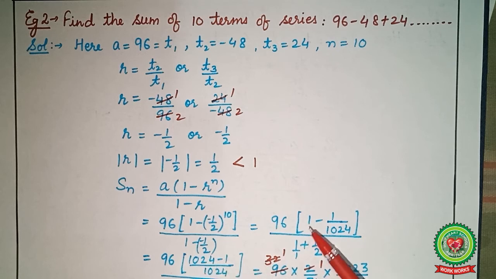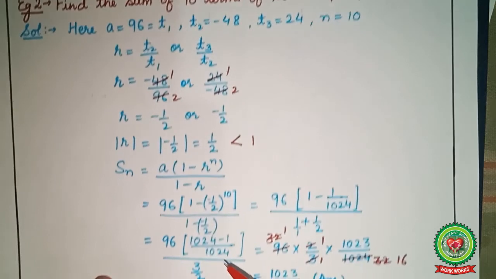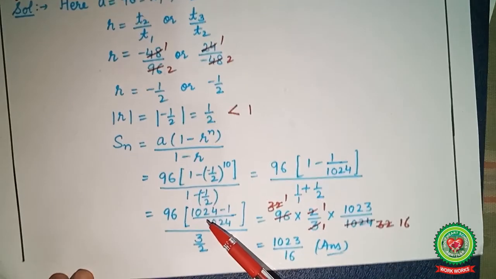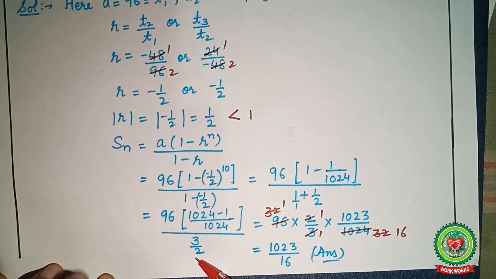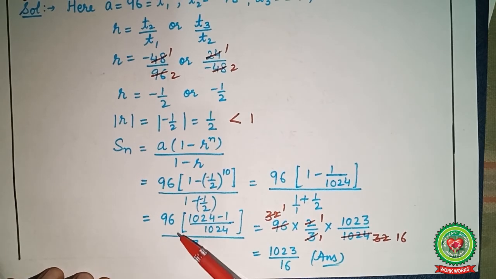Now here take the LCM. In the numerator it becomes 1024 minus 1 upon 1024, and the denominator is 3 by 2. Be careful about the calculation because the terms are coming in fractions.